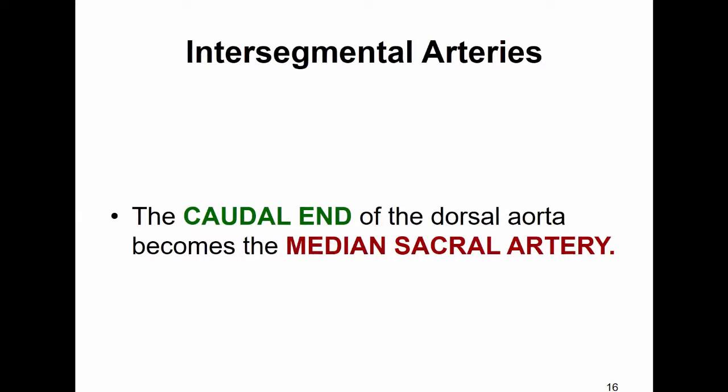Now we will ask you in the exam from your gross anatomy, what are the branches of the aorta in the adult? So the median sacral artery is definitely a branch, and this is the ventral branch of the aorta. It is a single branch.